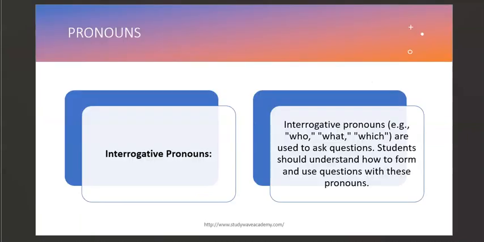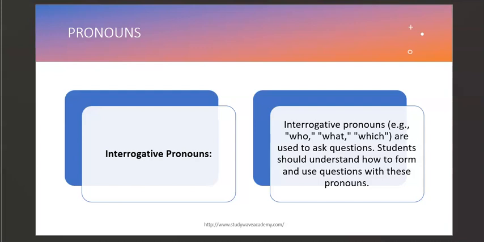Then we have what we call interrogative pronouns. I know we know this already too. When you talk about interrogative, even from the word, it means questions or asking questions. So interrogative pronouns are used to ask questions, and we have examples like who, what, which, where.